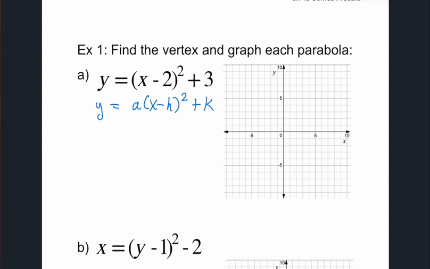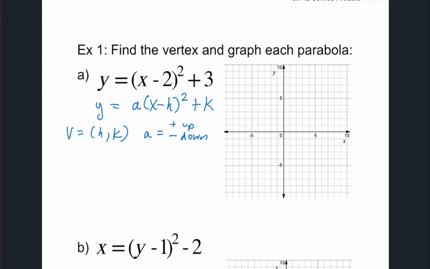That's a good thing to know. We learned that before when we dealt with parabolas. The vertex is (h, k). The a tells us if it's opening up or down. If it's positive, it goes up. If it's negative, it goes down. And it has a symmetry to it.